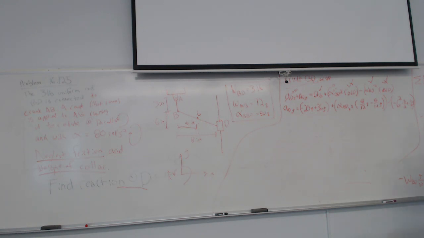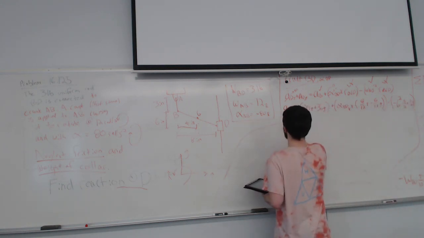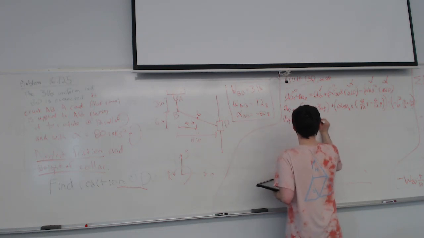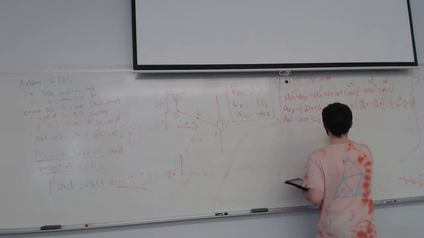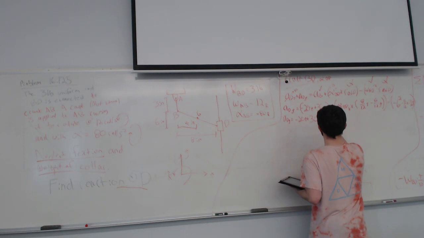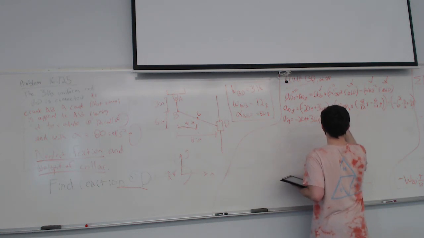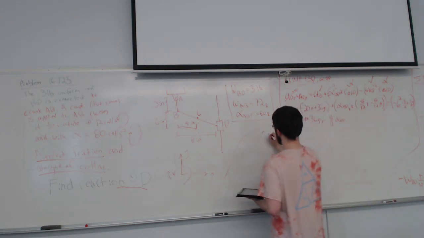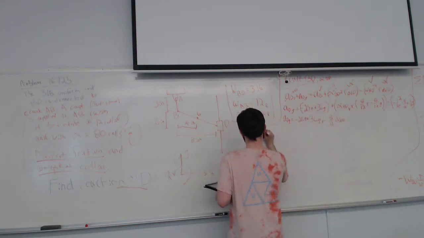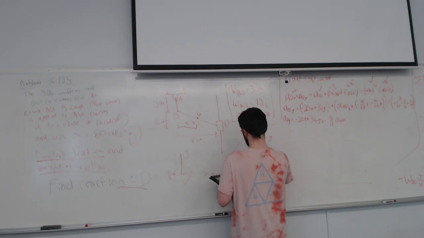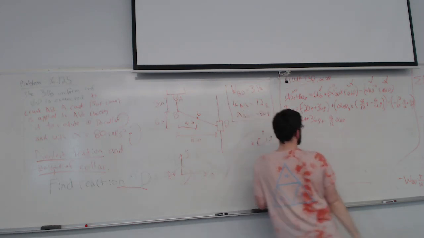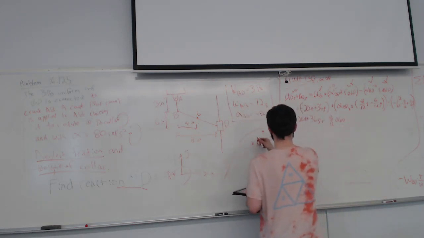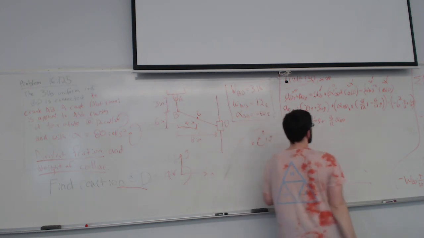So before I split, I'm just going to do all the computation. K cross i is j.